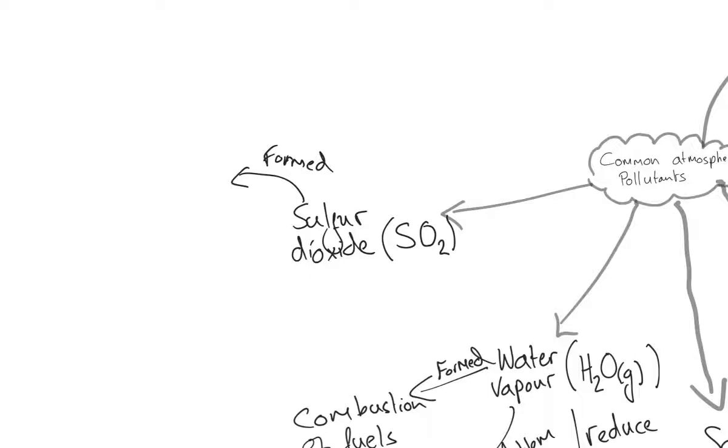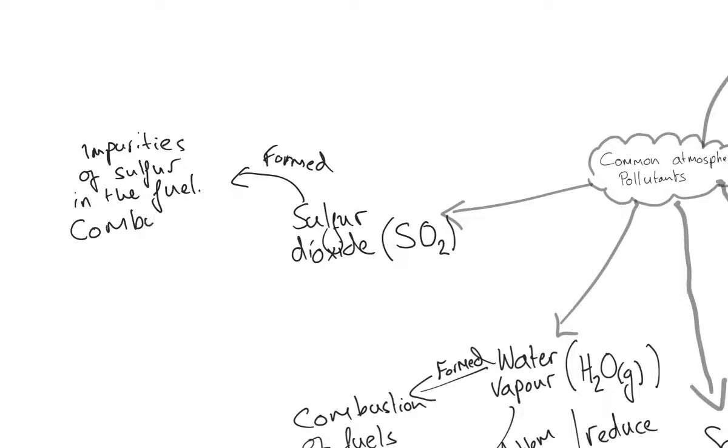They often contain some impurities called sulfur, and when you combust, so there are impurities of sulfur in the fuel, and therefore when you combust the fuel, when you burn the fuel, then you produce sulfur dioxide along with carbon dioxide and water vapour. So you produce some sulfur dioxide.